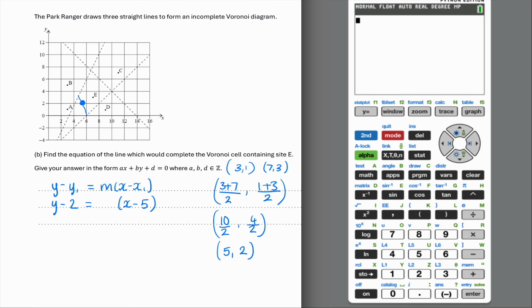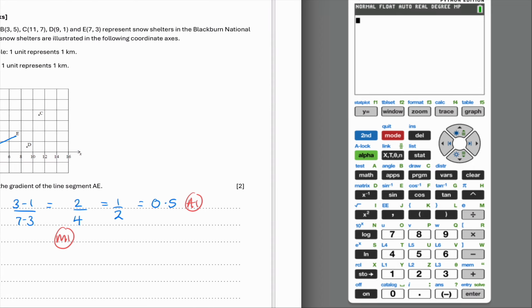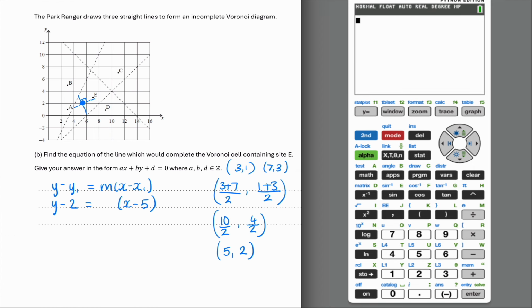And then we need the gradient of this line. This is the perpendicular line, perpendicular to the original line going through A and E. And the original line had a gradient of 1/2. So that means that the gradient here would be minus 2, because it's the perpendicular bisector, so you flip it upside down and make it negative. And then the question has asked us to leave it in this format.